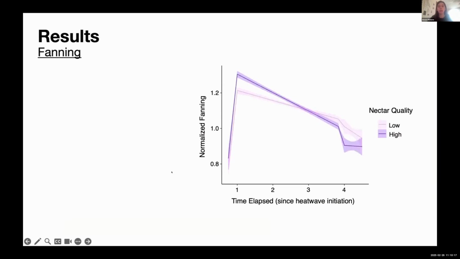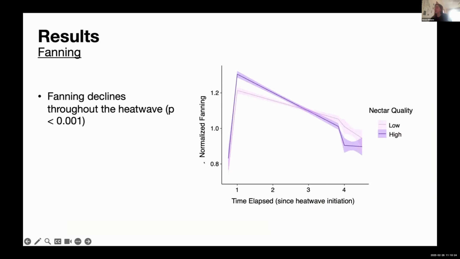And so we do see that fanning does decline throughout the heat wave, which is a really novel result and something that we would not have been able to access without using computer vision. And we find that bees in the high quality group fan more.